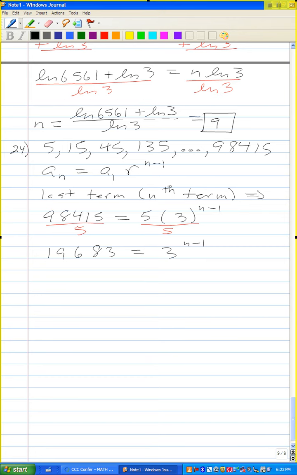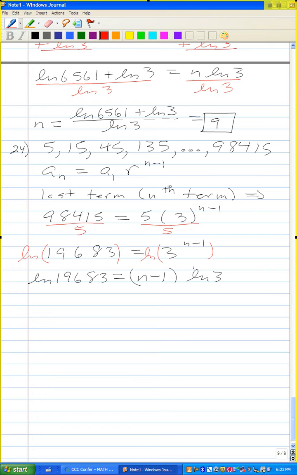And so I can try to solve this using the same thing that I did above. Take ln of both sides of my equation. So ln 19,683 equals (n minus 1) ln 3.